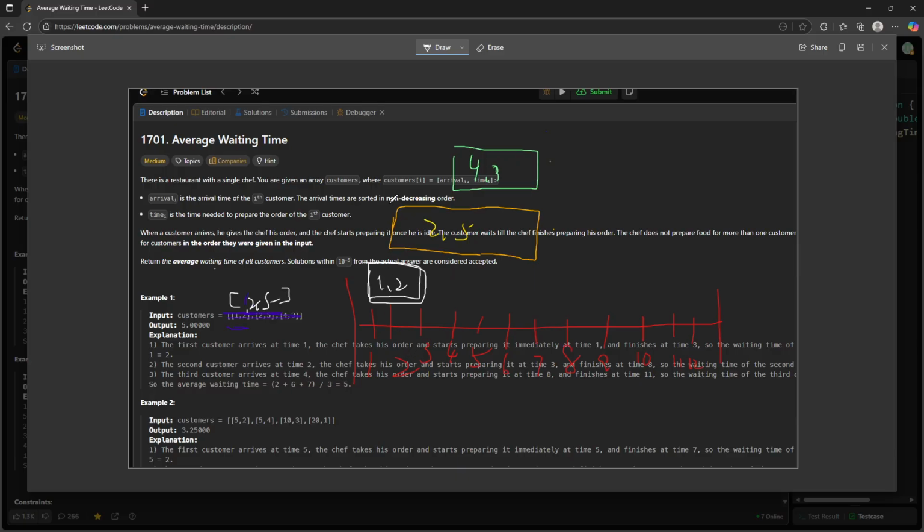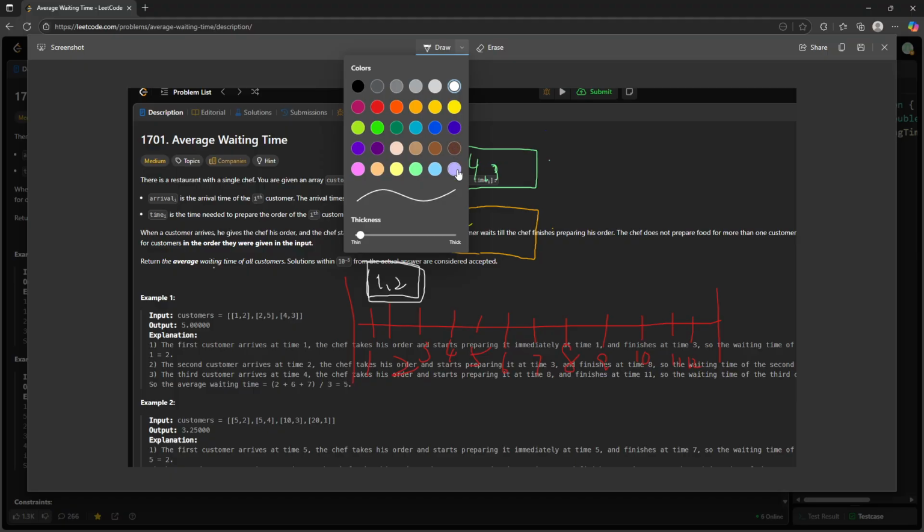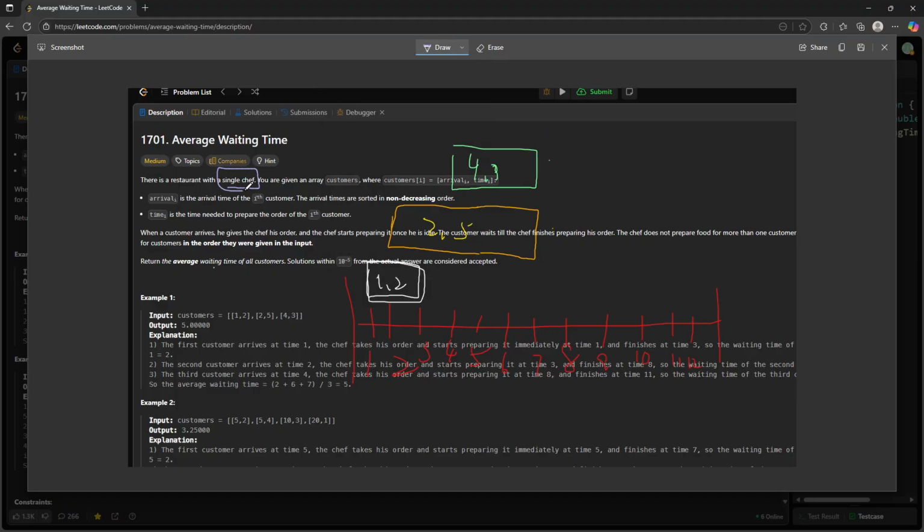A customer comes at time 2, waits 5 seconds, which is time 7 until the food is ready, and so on for the 4, 3. Coming in at 4 with 3 seconds, the food will complete at time 7. So again, this is the ideal, but this is not the case because you only have one single chef, right?